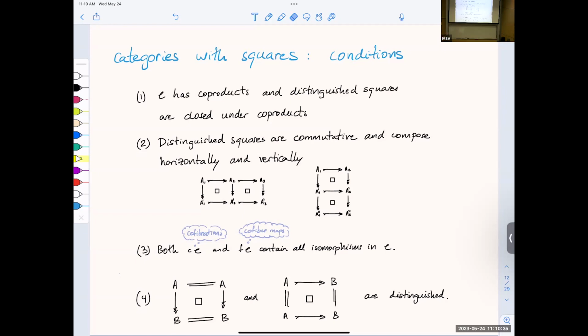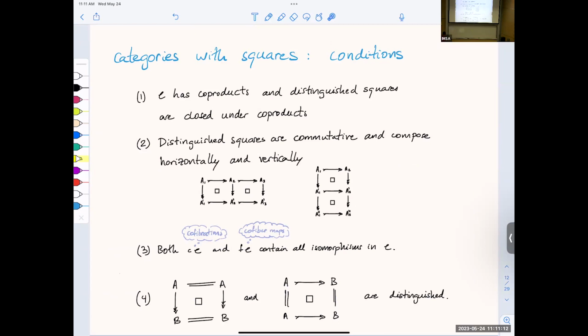Both the co-fibrations and the co-fiber maps, which remember are the two types of morphisms that you have, contain isomorphisms in the category. And finally, another important condition of these categories is that those two little squares that you see at the bottom of the slide, if you allow equality here and an equality here, or vertically as well, these are going to count as distinguished squares.